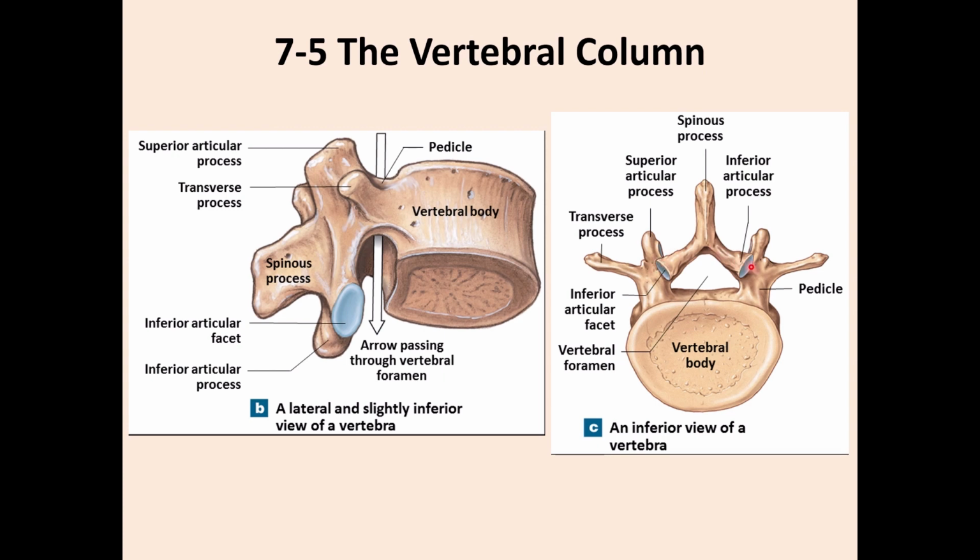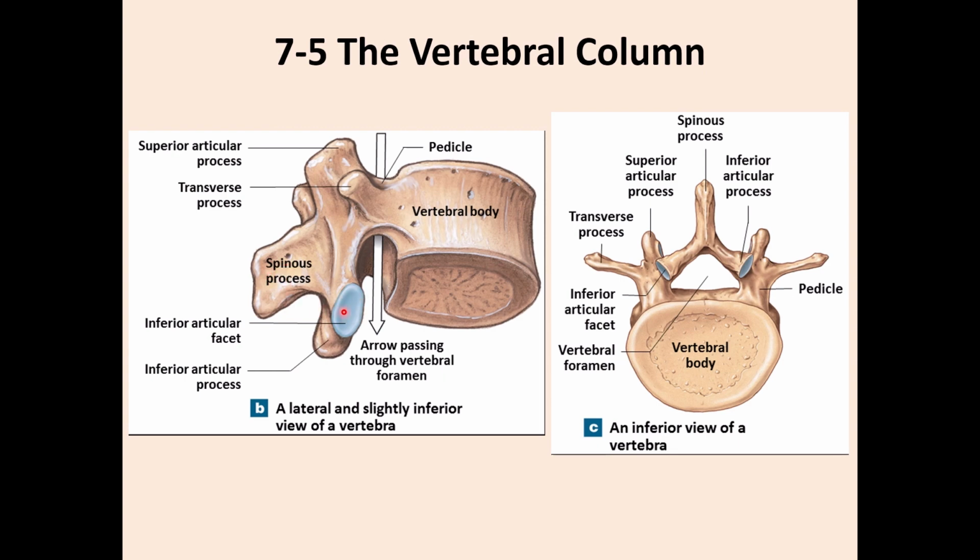It's difficult to see the superior one here, but you can see the superior one and the inferior one here. And you can also see the spinous process. The spinous process is just 1. The transverse ones are 2, the superior and inferior are 2, but the spinous process is just 1.